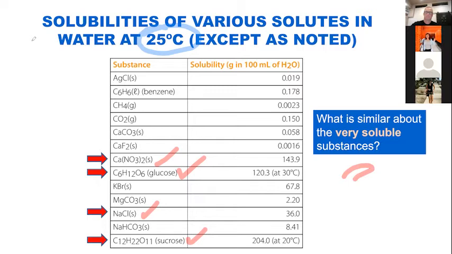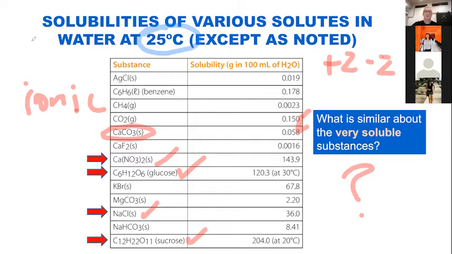Does it have something to do with how ionic they are? It does. They're either really ionic or actually slightly not super, super ionic. Notice that calcium carbonate is not soluble in water, because there we have a +2 and a -2 come together. So we have a really high amount of charge brought together.